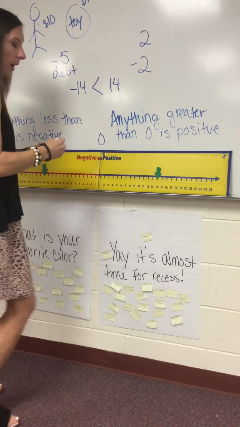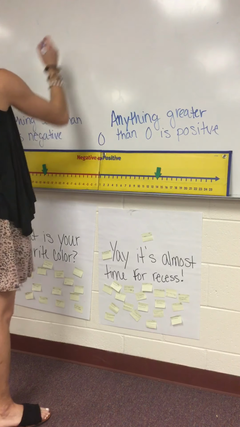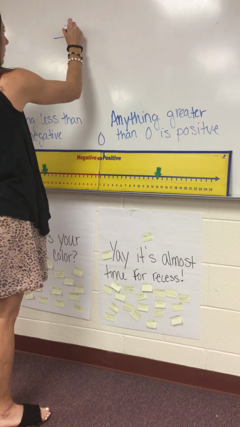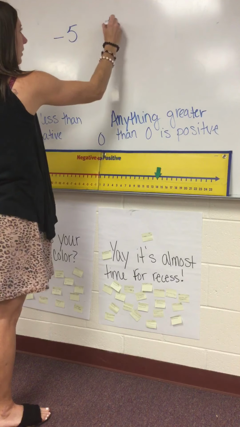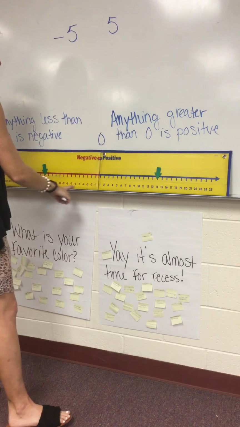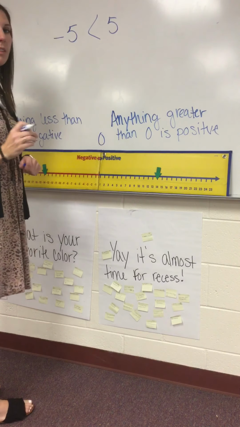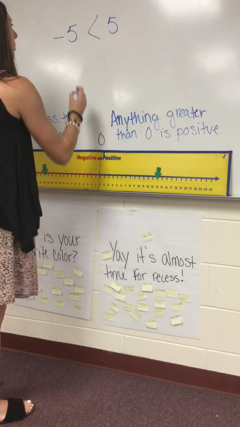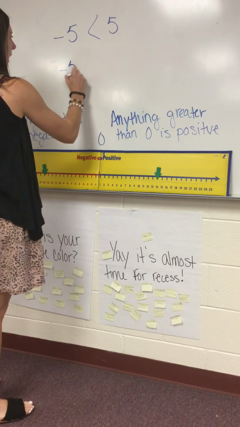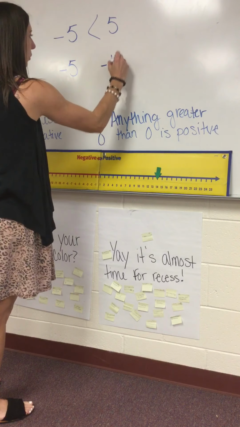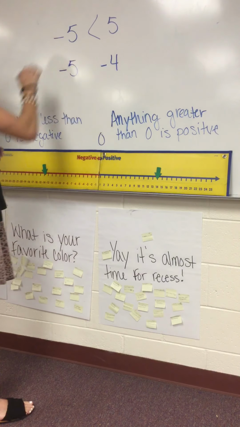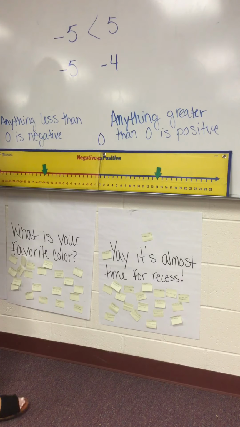I know you guys are going to fly through this worksheet because it's pretty simple to see that if I have a negative number 5 and a positive number 5, obviously the negative is over here and it's less than 0, so positive is going to be greater. But what if I have the negative number 5 and the negative number 4? Well, they're both negative, so that negative sign isn't going to give me the answer.